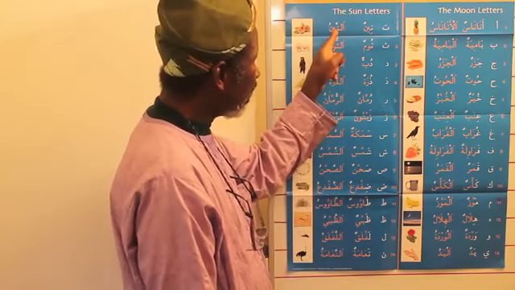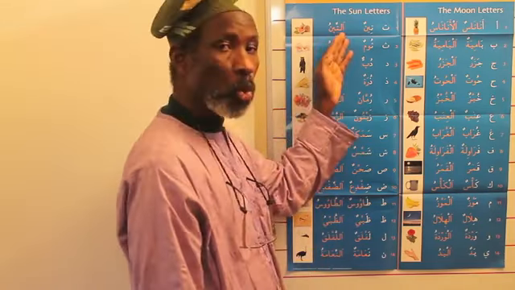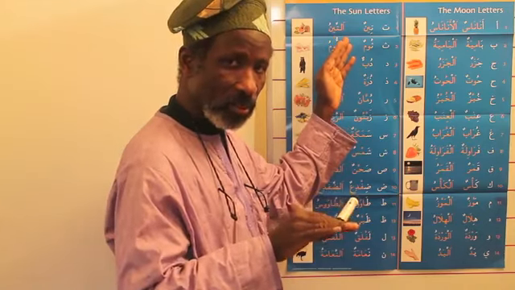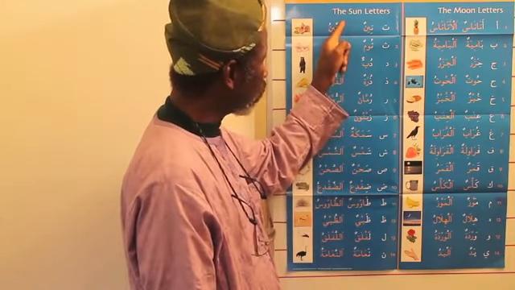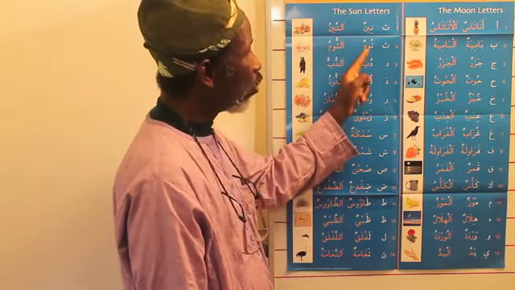The letter is there. Atinu. The sun letter after the will have to carry shadda, because that shadda has sukun embedded within it.